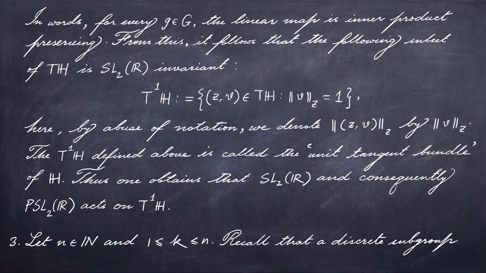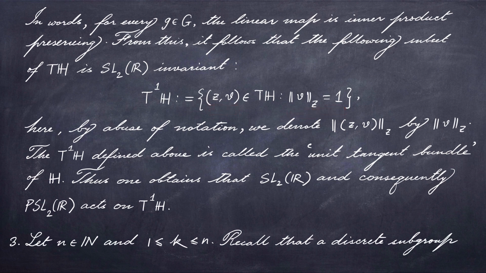So from this it is quite clear that this set, that is, all pairs z comma v such that this is 1.